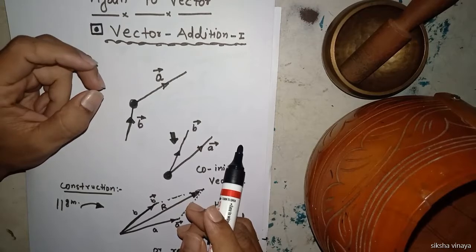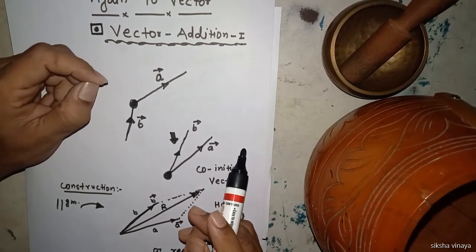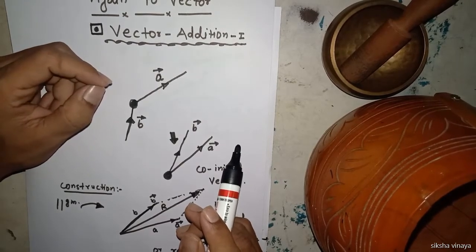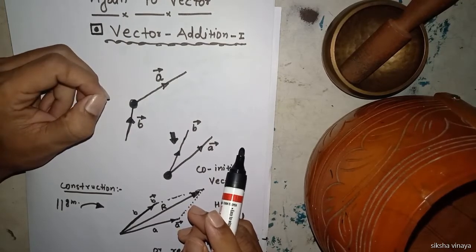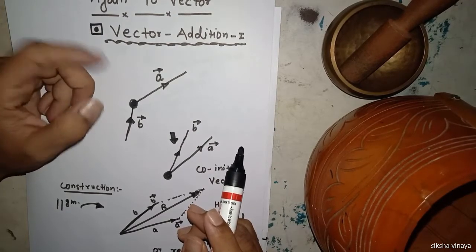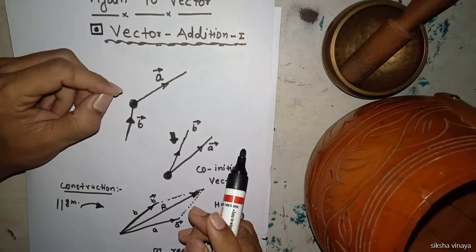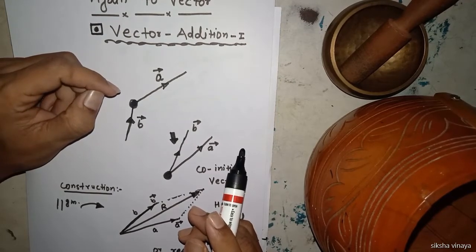If I kick a ball at your home in a north direction by the impact of 5 Newton, and if you kick a ball on the playground in the north direction by the same impact of 5 Newton, what will be the resultant of these two cases? Are they same? Yes, of course they are same.